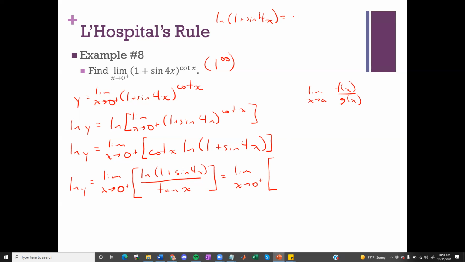Okay. But this right here, I'm going to treat as a composite function where f of x is equal to the natural log of x and g of x is equal to 1 plus sine 4x. So f prime of x would be what?